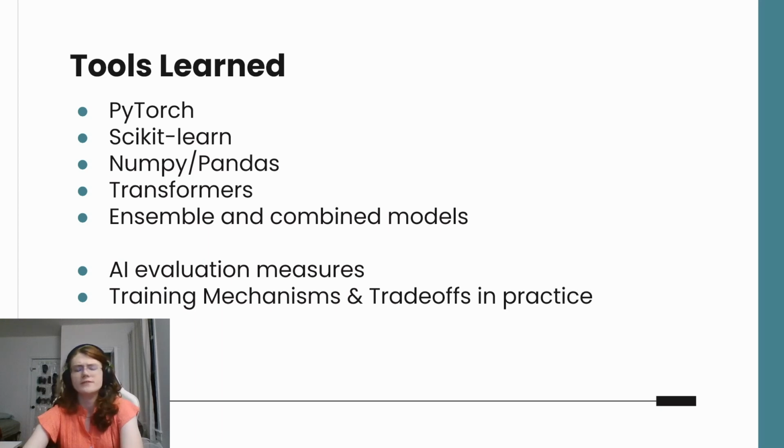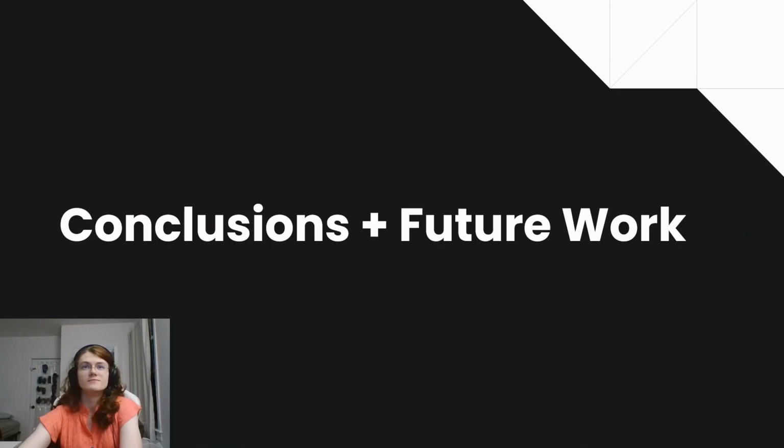And it's been really cool to get to see those in practice and get a feel for what these trade-offs actually mean, what training time can actually be, and the incredible performance you can get out of these models if you know how to do it. So truly, this has been a wonderful experience. We have learned an absolute ton. And we've learned a lot about the problem too. We have a lot of conclusions and some ideas for future work, and I'm going to let Amanda take it from here.